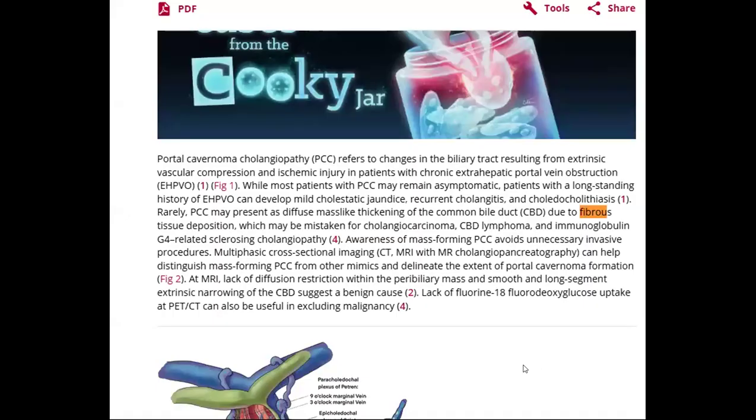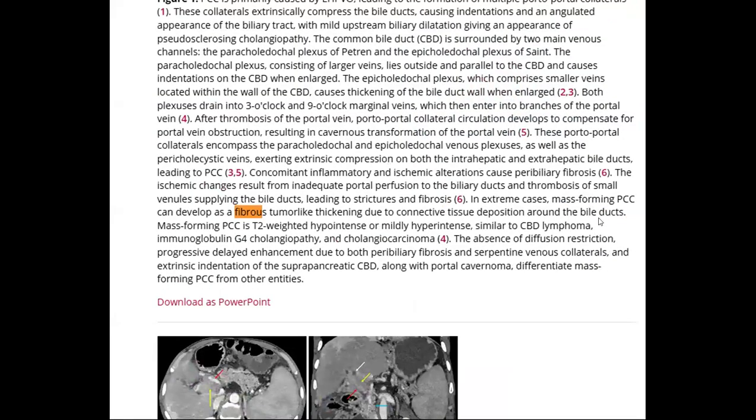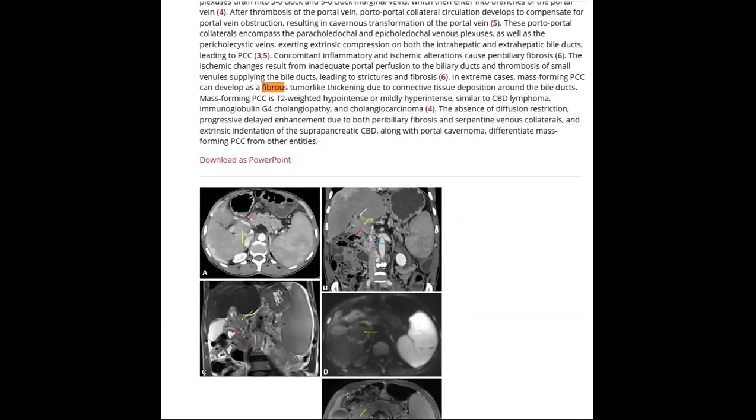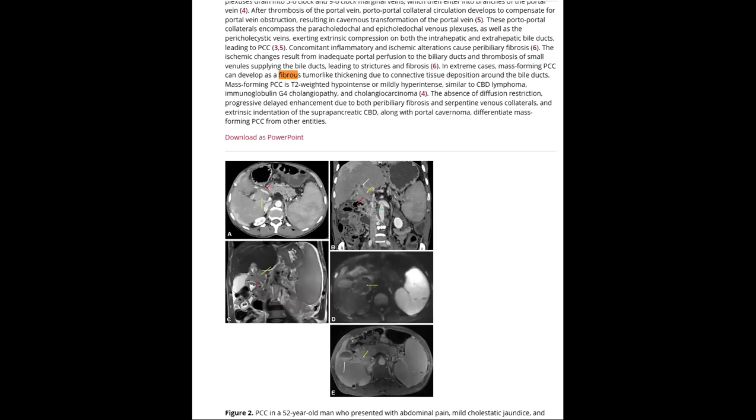Supposedly the collaterals are even in the CBD wall, and over time they cause inflammation because they're pulsating, and then it causes a fibrous reaction. It's called the pseudocholangiocarcinoma sign. It says concomitant inflammatory and ischemic alterations cause peribiliary fibrosis.